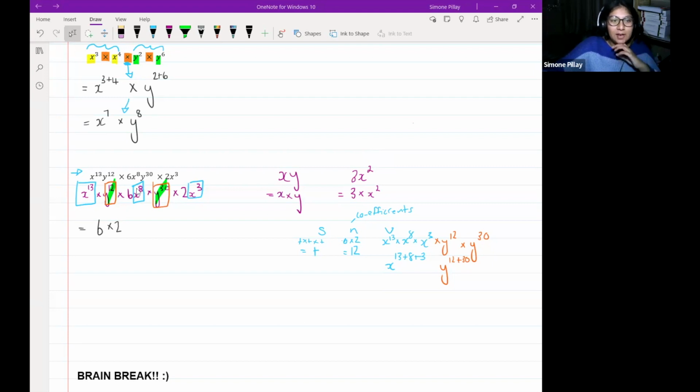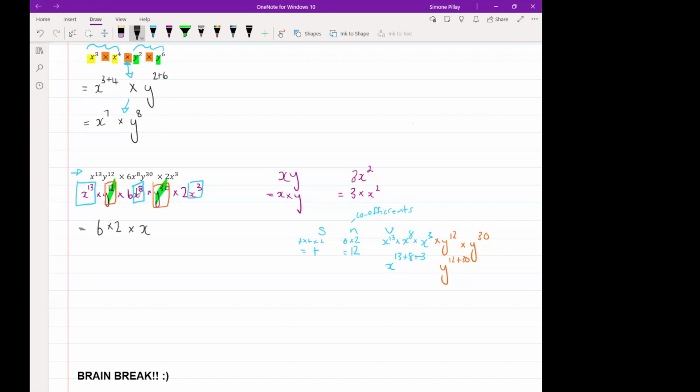So we have 6 times 2, and then we're applying law 1 with all of our x's. And what is the law? The law is keep the base, and my base is x, and add my exponents. And Itandile, what were all my exponents for my x's?